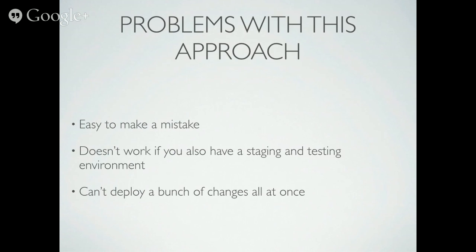And you might have inconsistencies between them. And finally, you can't deploy a bunch of changes at once using this approach, because you're going to end up allowing people to view the site when the change is halfway through. So for example, installing a language, if you just install a language, the first step is to add the language to the site, and then you'll view the language in the language switcher, but there won't be any translations there yet.